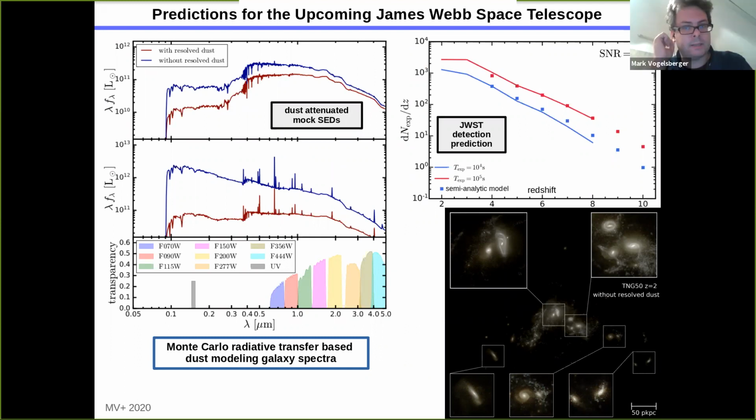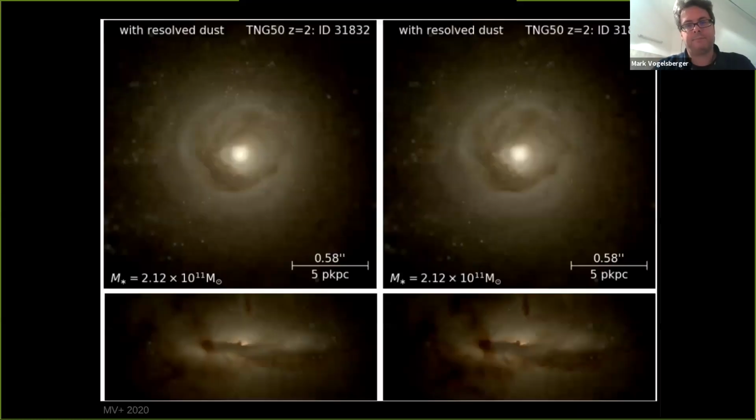And this has the advantage that, since we calibrate our results essentially to low-redshift UV luminosity functions, you can then also predict the dust abundance in the galaxies. So this is, for example, a galaxy in TNG50 at redshift 2. I didn't label this, unfortunately, but what you see are actually these dust lanes.